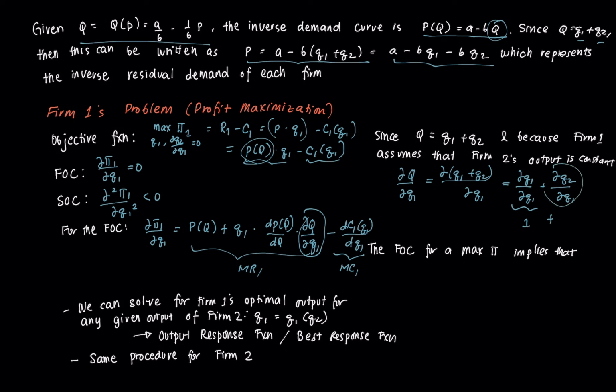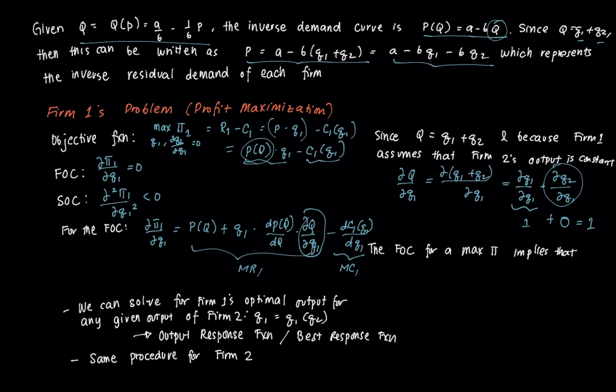Then if you recall one of our assumptions earlier, the zero conjectural variation assumption states that the second term is equal to 0. Therefore, this entire term here is equal to 1.